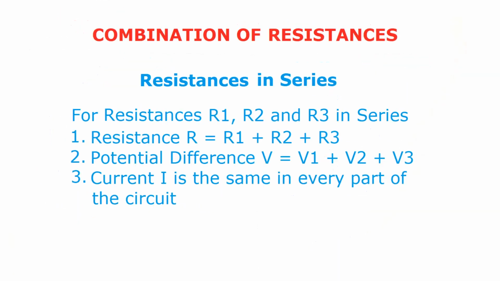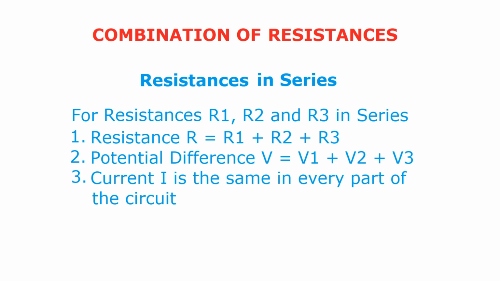So for series combination, total resistance R is equal to R1 plus R2 plus R3. The potential difference V is V1 plus V2 plus V3 and current is same in every part of the circuit.